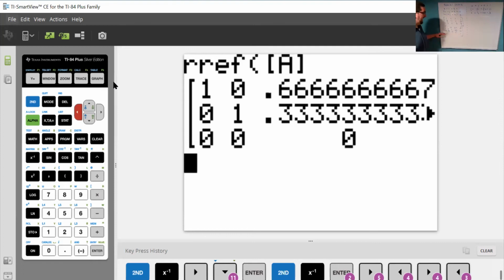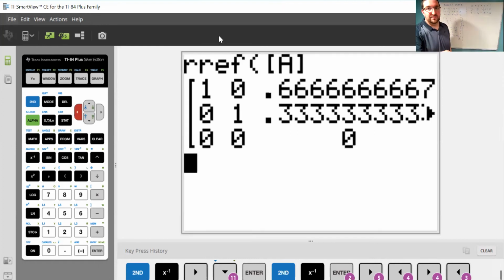That last row is representative of 0x plus 0y plus 0z equals 1, or 0 equals 1. Does 0 equal 1? No. Okay, 0 does not equal 1.